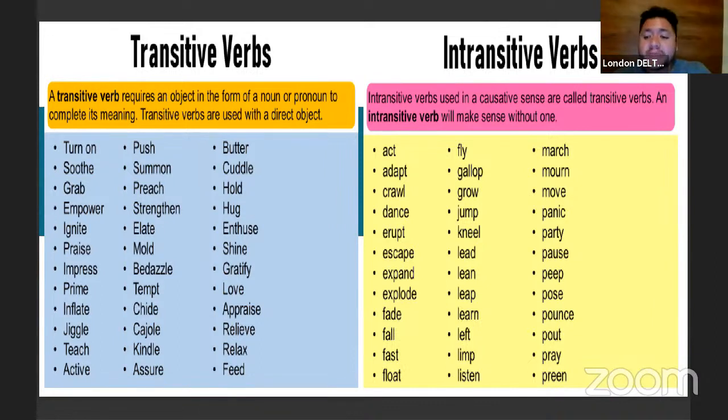But if I only say María pushes y yo solo digo María empuja, ¿se entiende la oración? No. Empuja la puerta, la mesa. Exactly. You need to tell me what, right?